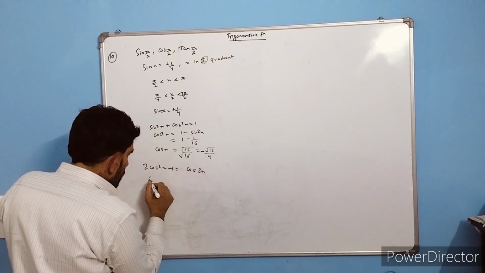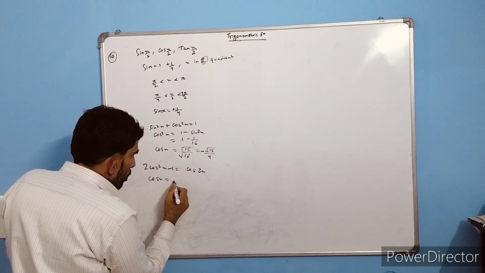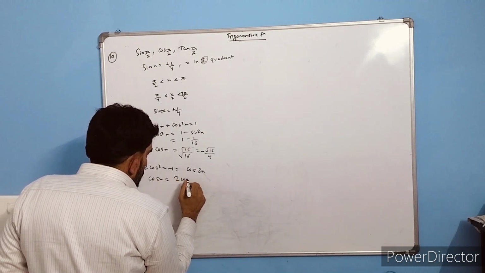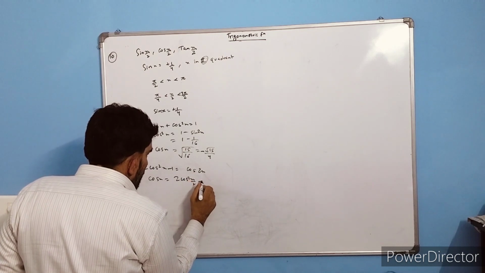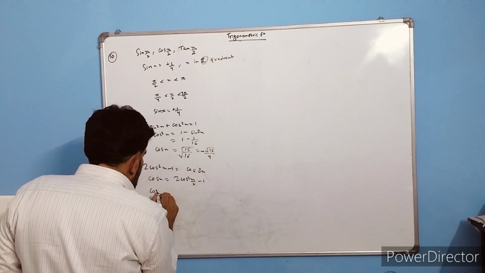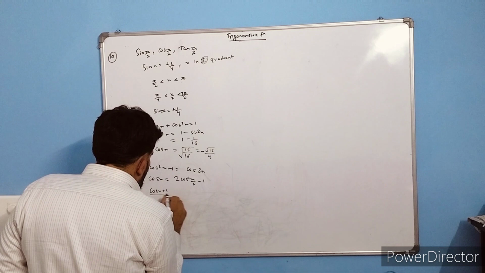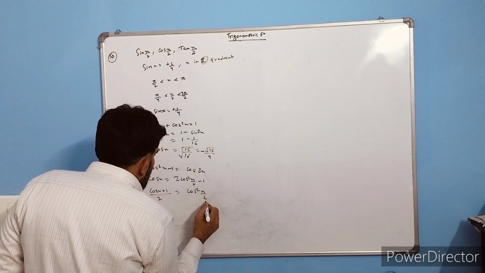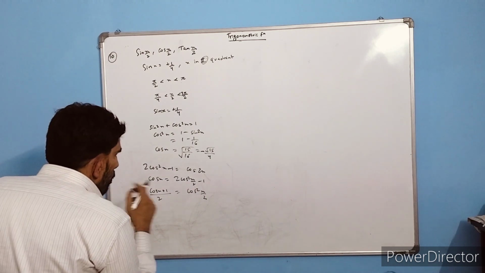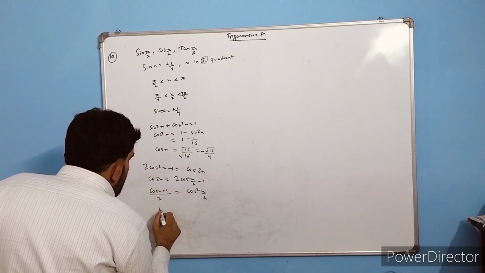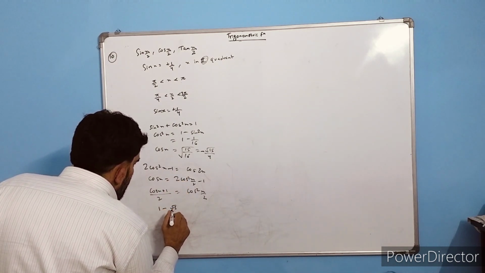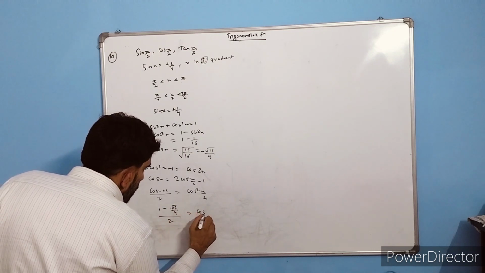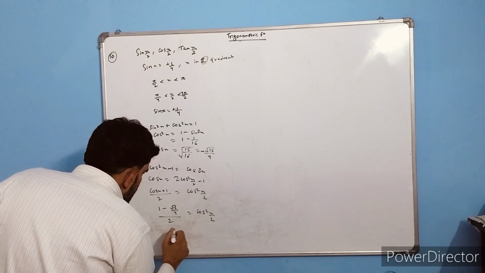So find the value: cos x is equal to 2 cos square x by 2 minus 1. So cos x plus 1 upon 2 is equal to cos square x by 2. Now you can easily put in this value: 1 minus root 15 upon 4, upon 2, is equal to cos square x by 2.